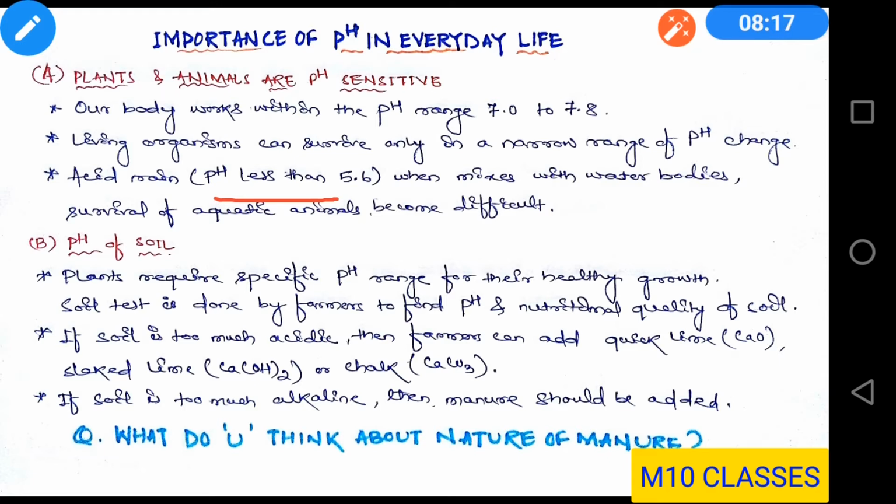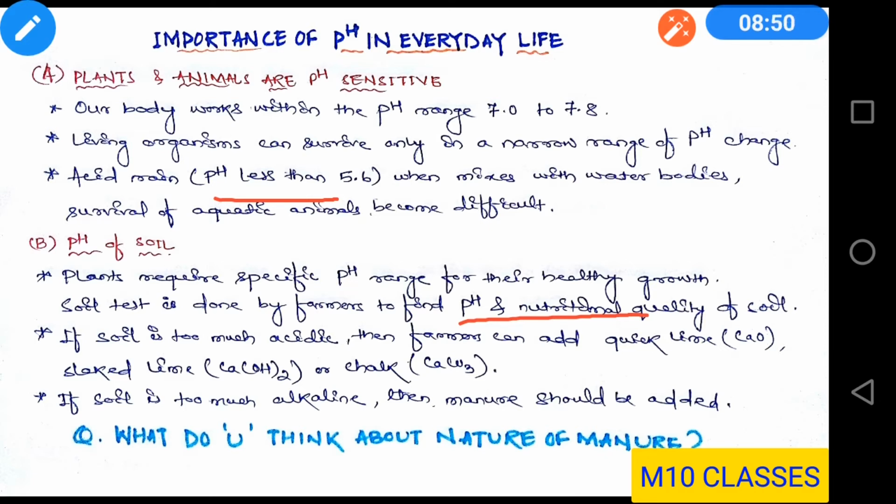pH of soil. Plants also require a specific pH range for their healthy growth. Now you might have heard that farmers are advised to get a soil test of their land. Why is it so? Because a soil test is done for the farmers to find the pH and the nutritional quality of the soil. Nutritional quality shows which essential nutrients are lacking, so you fulfill it by using manure and fertilizers.